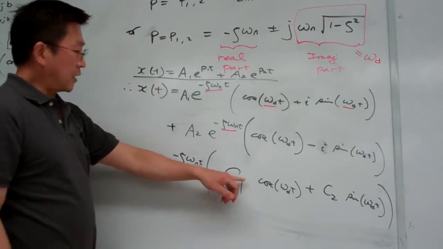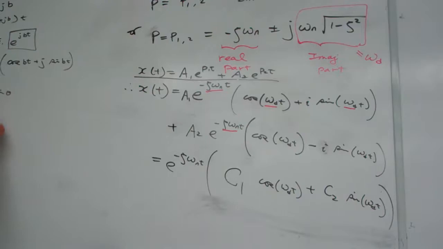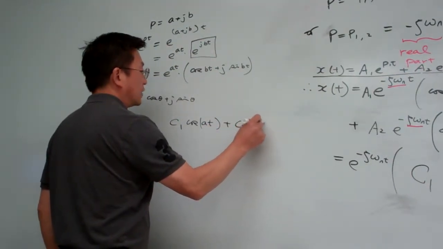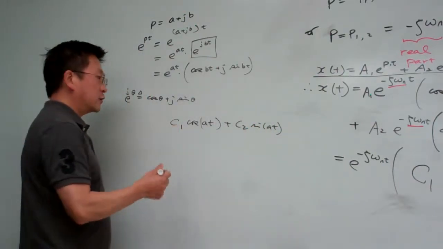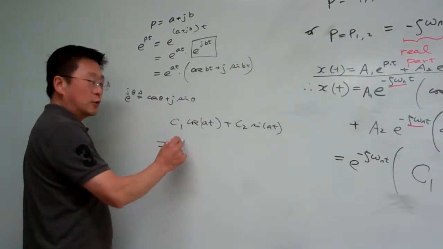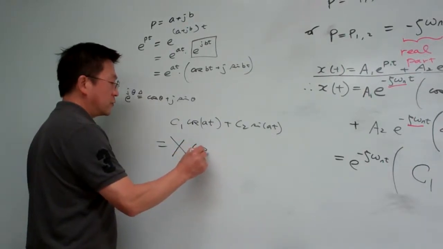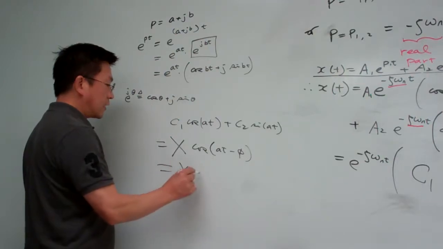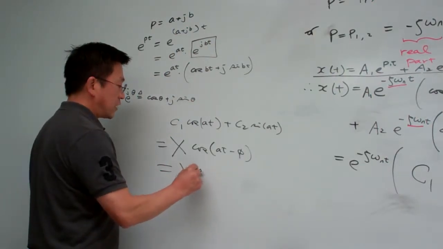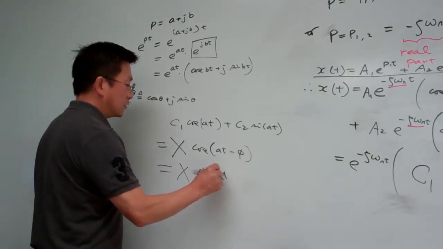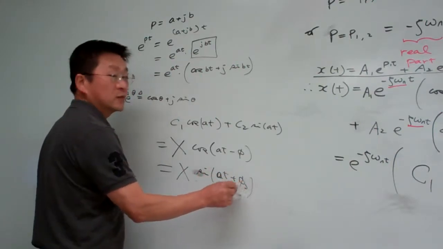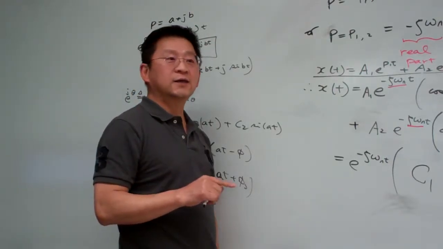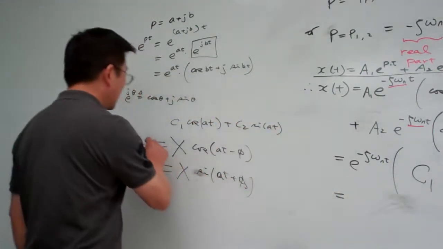And we know that C1 cosine omega dt plus C2 sine omega dt, if you remember from a couple of lectures back, can also have an equivalent expression, for example, cosine omega dt minus phi, right? And we may have another expression, sine omega dt plus phi 0, right? Do you remember this form? So it really depends on which way you like, and let me pick this one. How about that?